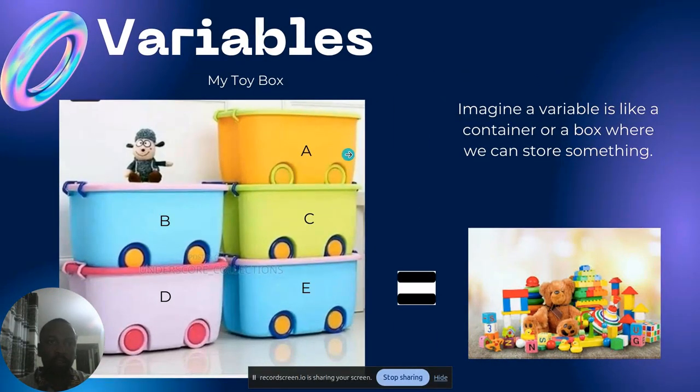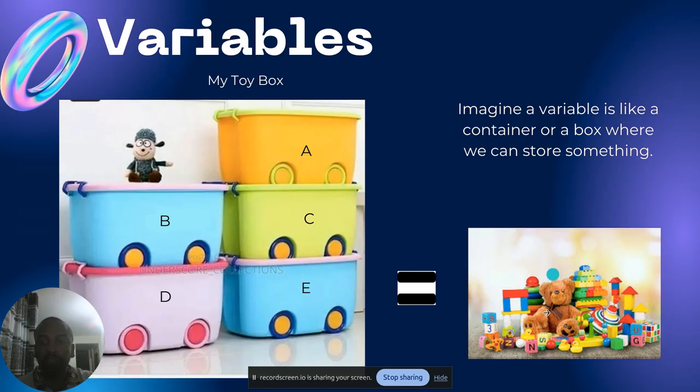So, as you can see on this side here, we have some boxes: box A, box B, box C, box D, box E. These are all toy boxes, and then on this other side we have some toys. What I'd like you to try to imagine is that a variable is a box or a container where you can store something.